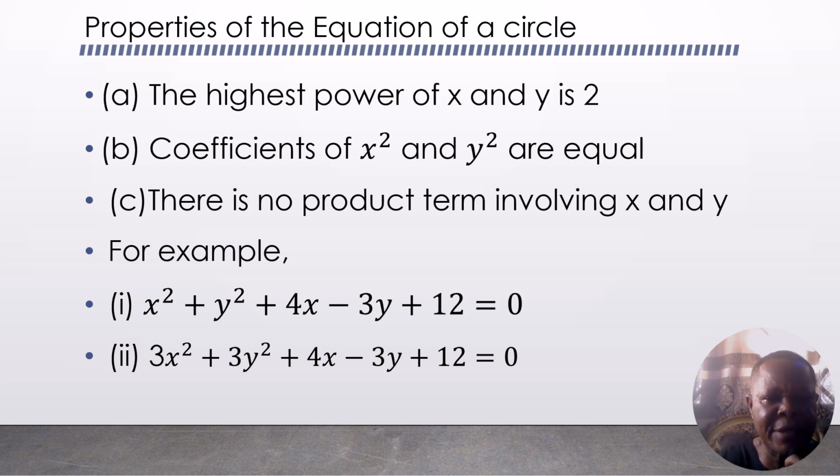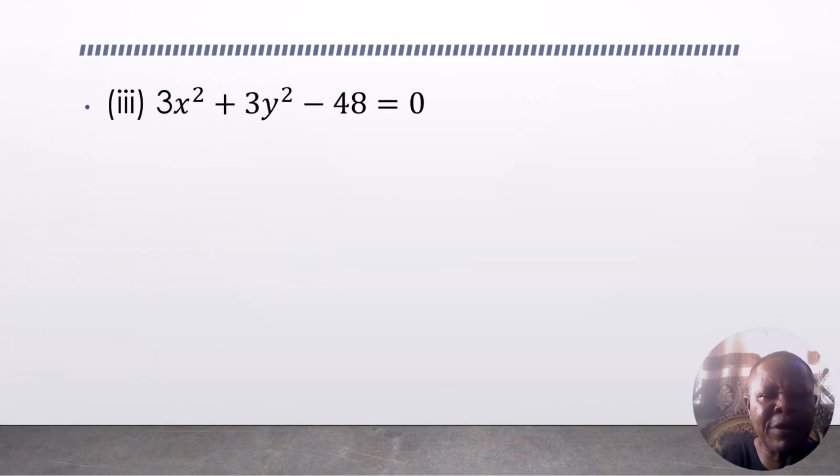Hence, it is a circle. 3. 3x squared plus 3y squared minus 48 is equal to 0. This is also a circle because it satisfies the 3 properties.